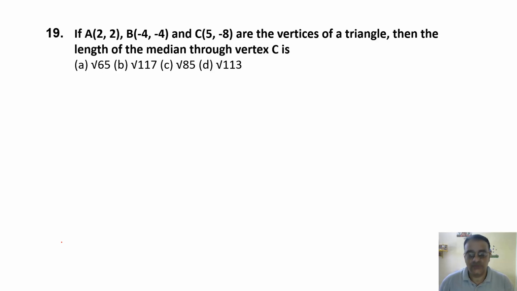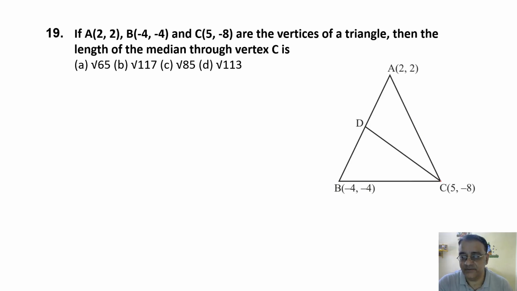If A (2, 2), B (-4, -4) and C (5, -8) are the vertices of a triangle, then find the length of the median through vertex C. So this is the rough diagram. Vertex C मतलब हम लोग को CD निकालना है, CD. So first we will find the coordinates of D by using the midpoint formula, right?